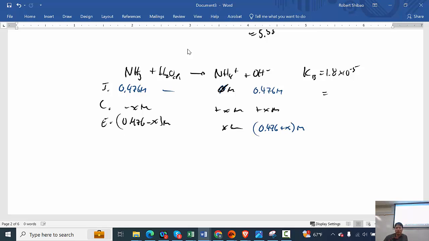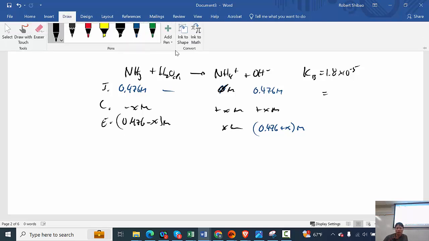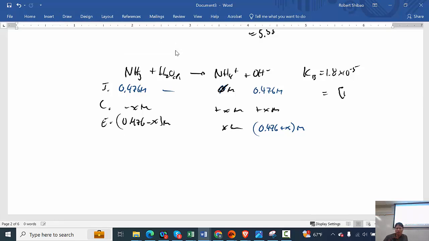And so the Kb is the products, ammonium. On a test, in case you make a mistake, to get more partial credit, you should write this out.